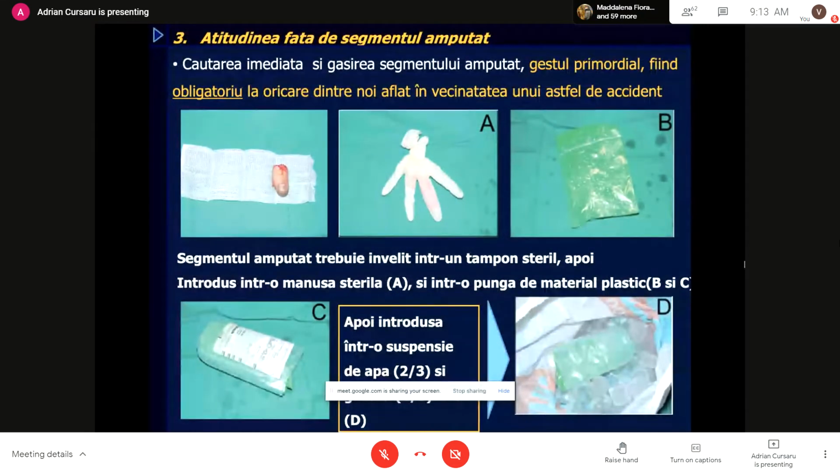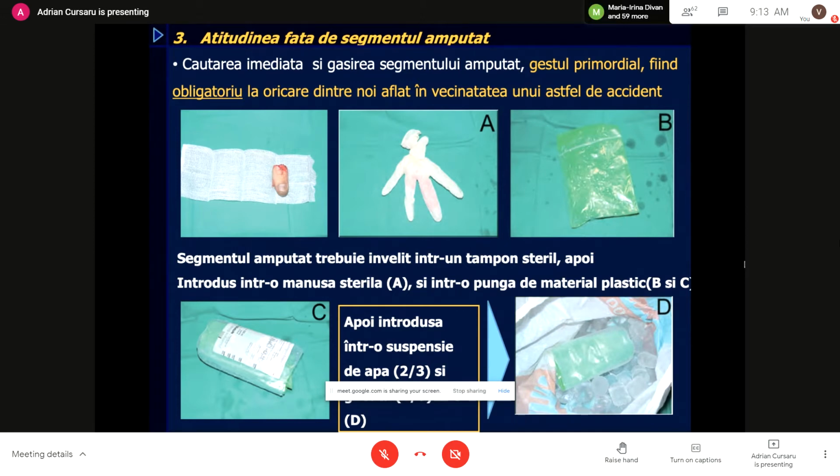What do we have to do in patients that have a big trauma of the upper or lower limb? It is very important to take the segment, whether it's about the knee or the ankle, it doesn't matter.